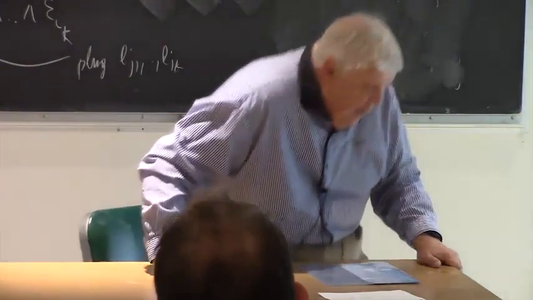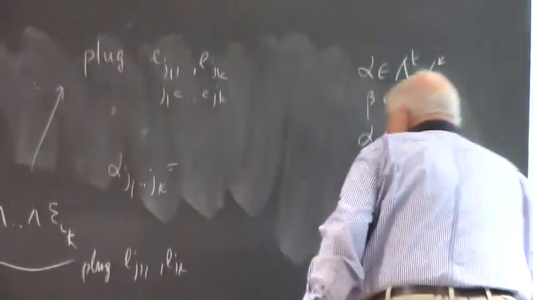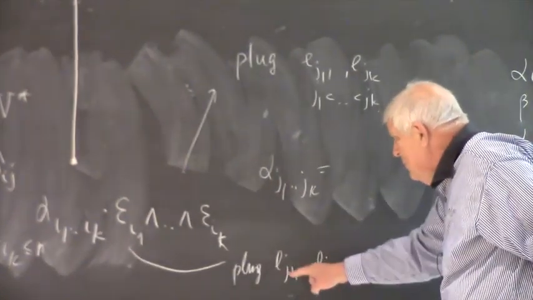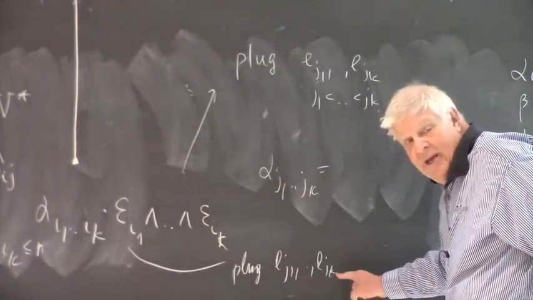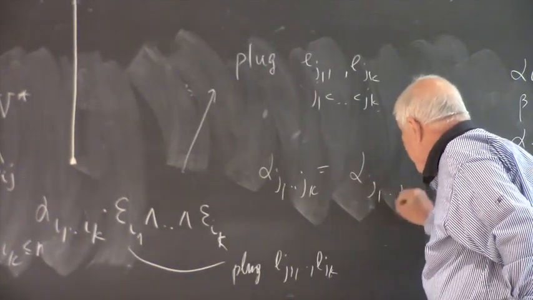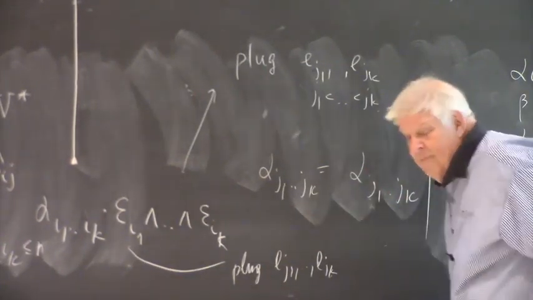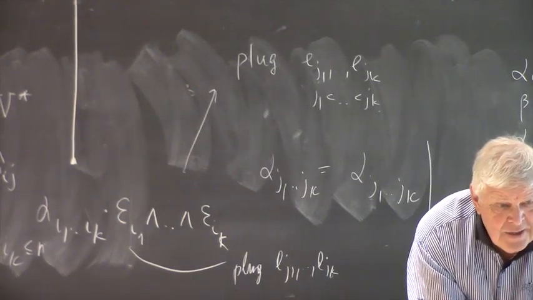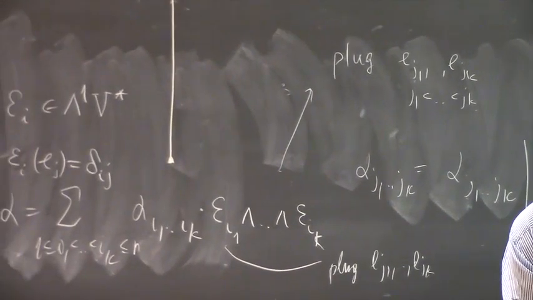So when we plug this, we get only one summand, namely the summand where i1 is j1, ..., ik is jk. And the equation holds. This equality doesn't cause any doubts. So this theorem has been proved.